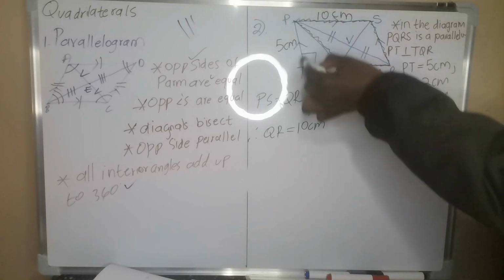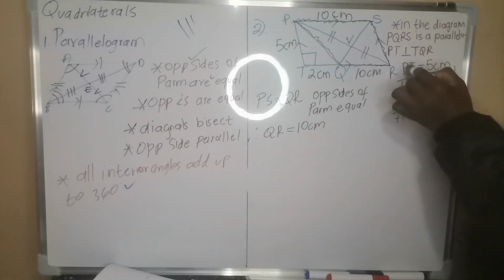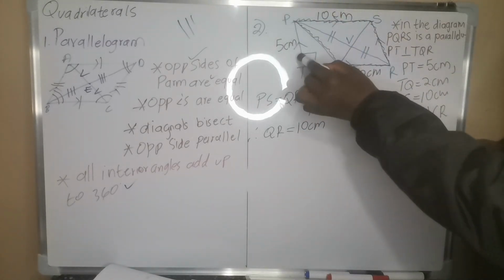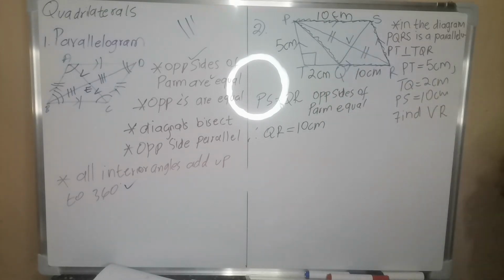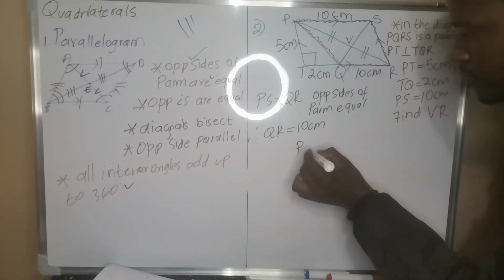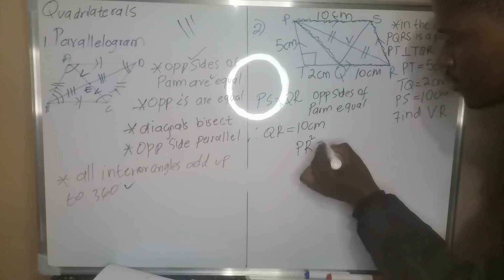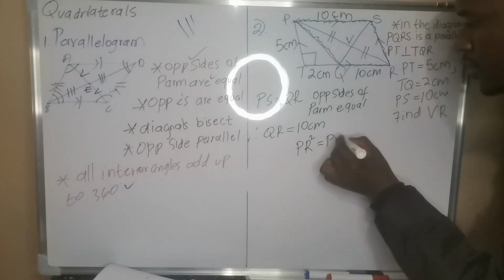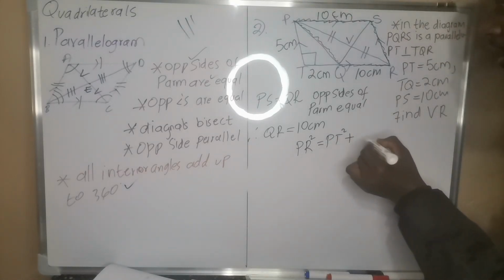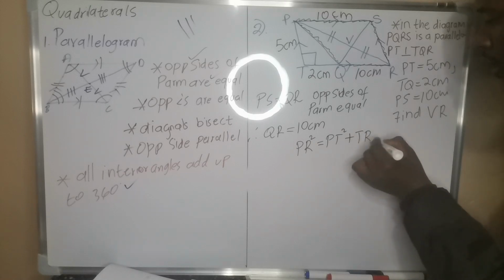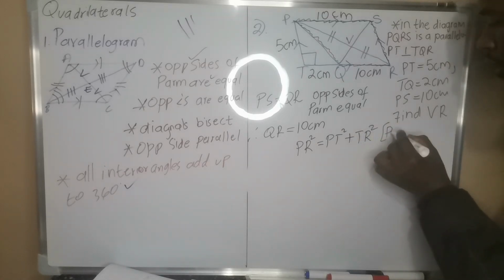Here, PT and TR, I need to find PR, because I have a 90-degree angle here. So now, PR squared is equal to PT squared plus TR squared. Why? Pythagoras.